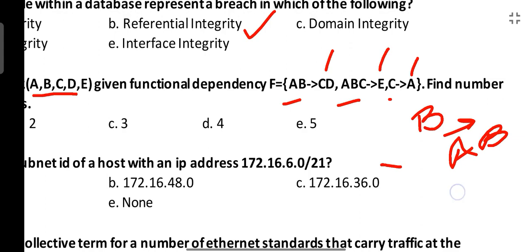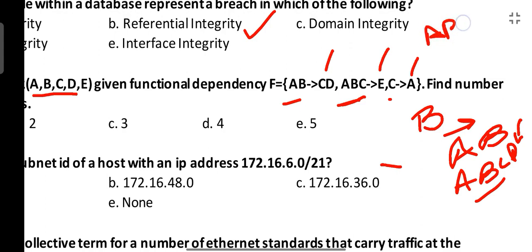AB can derive A, B, and here we can see AB can derive CD also. And ABC combined can derive E also, so E will also come. So AB can derive all 5. So we have found our first candidate key, which is AB.